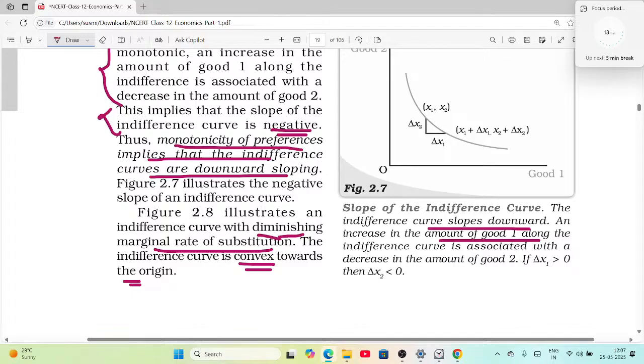If del x1 is greater than 0, then del x2 is less than 0.